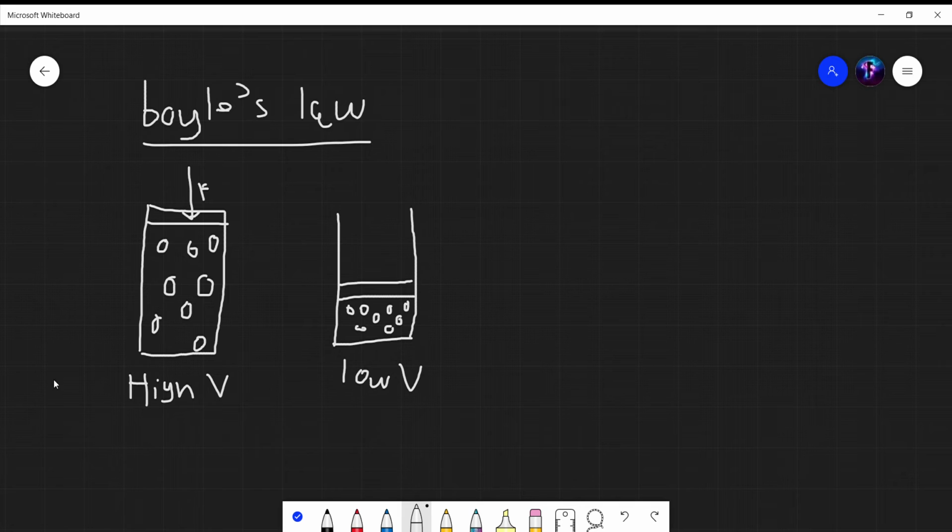Now, the question is, which one do you think has a lower pressure, and which one has a higher pressure? Boyle's law can solve it, but you can also use logic and reasoning. So we want to find which one has a higher pressure and which one has a lower pressure.